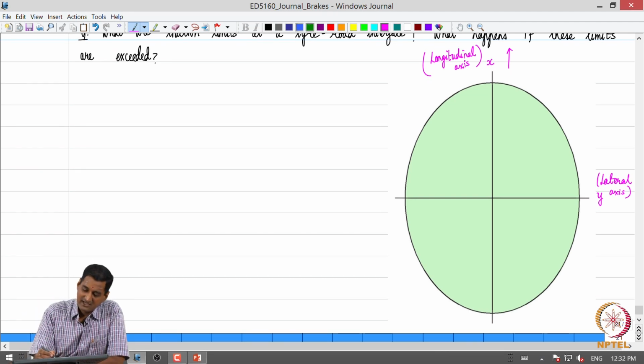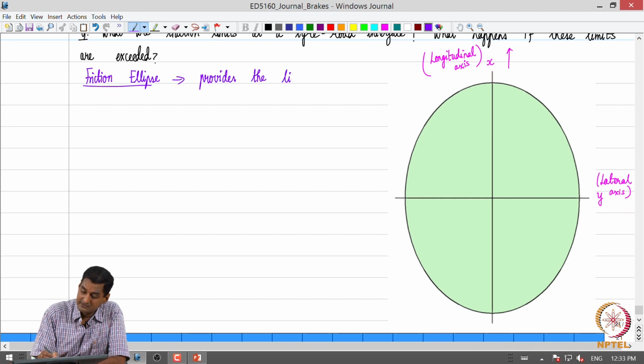So, what does this friction ellipse give us? The friction ellipse provides the limits of longitudinal and lateral traction available at a tire rod interface.